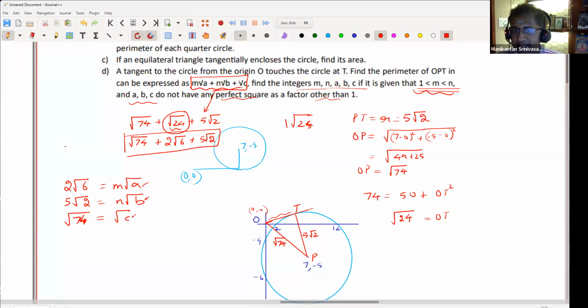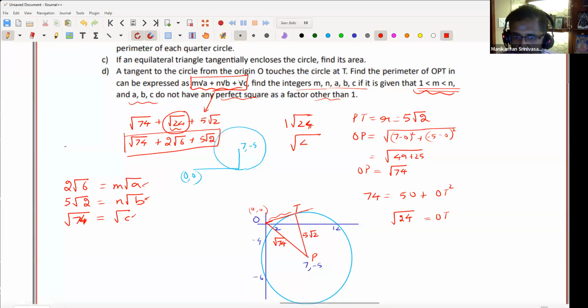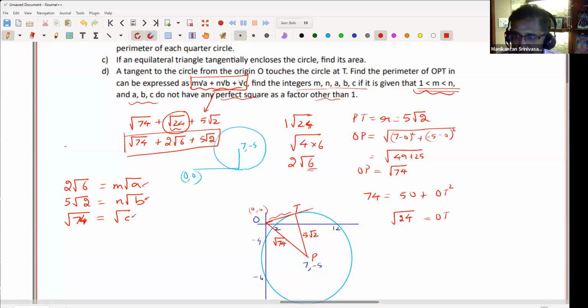It's 4 times 6. So it's another way of saying simplify as much as possible by taking any perfect square outside the root. So 24 was 4 into 6. Therefore, I could take square root of 4 outside as 2 times root 6. 6 itself does not have a perfect square as a factor. If it did, then even that would come outside the root. So all of this extra stuff is saying simplify the square roots.